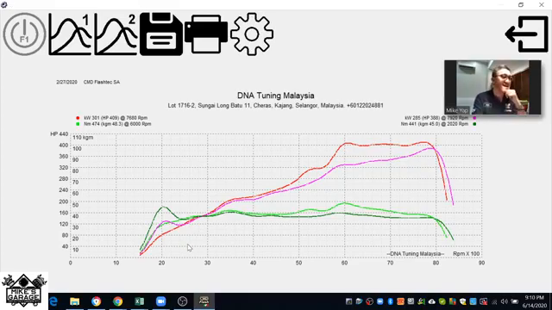At 2000 RPM, I think when I started off with this run, there was a spike of power when it was original. But as you can see, as we go through the rev band, the tune file is a lot more on the top end with this particular engine. That's how this run was.